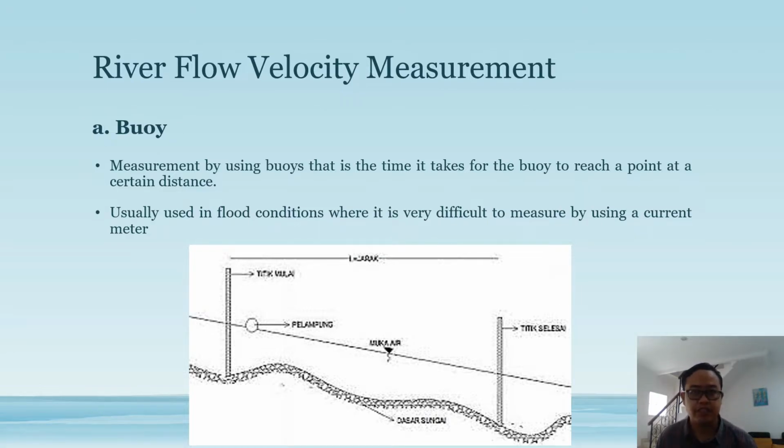Third, the velocity is determined by dividing the distance between points by the time required by the buoy to move from the starting point to the end point. So that was the way we use a buoy to measure the velocity.